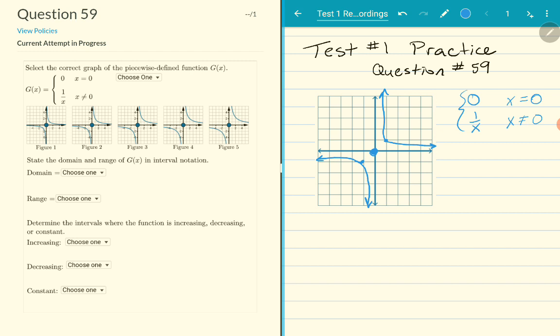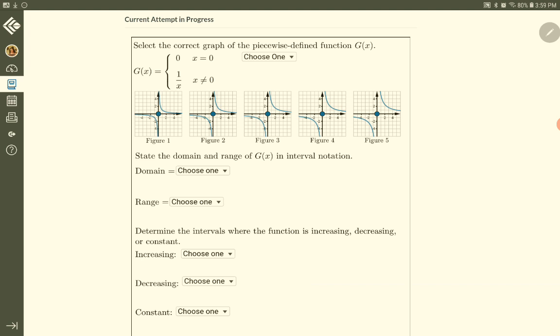If I look at these figures, I'm going to zoom in a little here. That didn't help very much. But I'm looking at that point (1, 1), and I see that it crosses on that first figure, so that looks pretty good. The second figure doesn't cross at (1, 1).